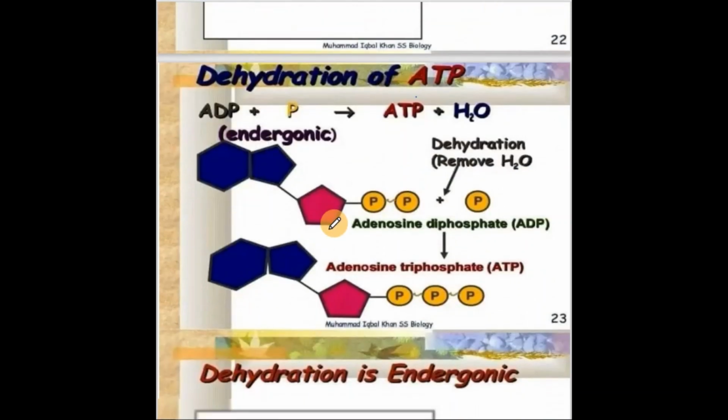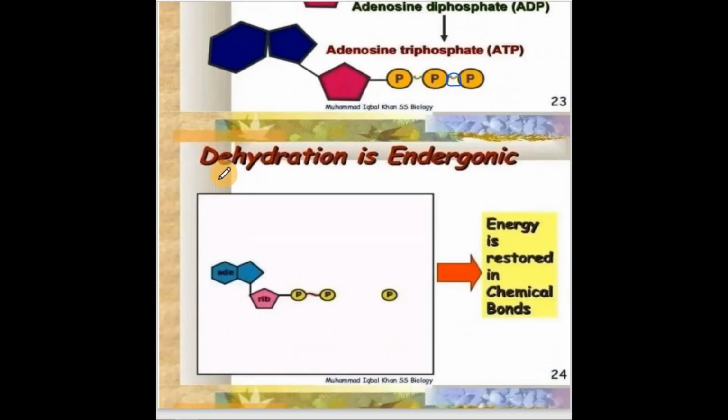So I have this ADP molecule and I have phosphate. When I blend the two, I form the phosphoanhydride bond, which forms ATP. This reaction is endergonic because it needs an external supply of energy, and that external supply of energy comes from the hydrolysis of ATP. Dehydration is endergonic because it stores energy in chemical bonds, like the phosphoanhydride bond.